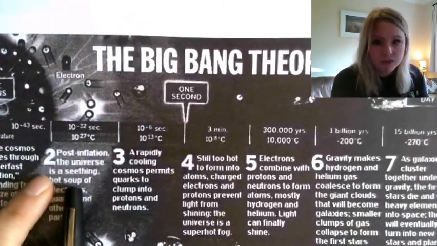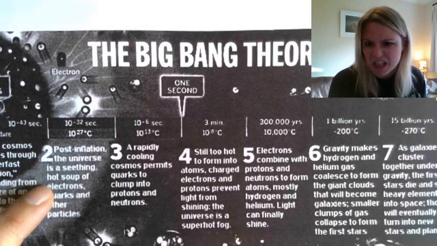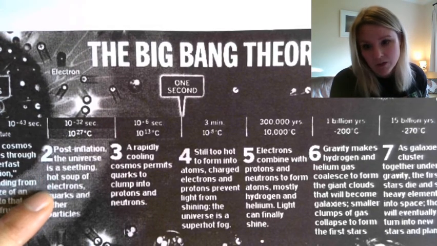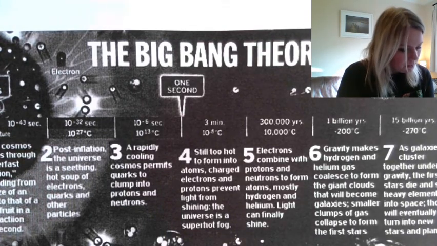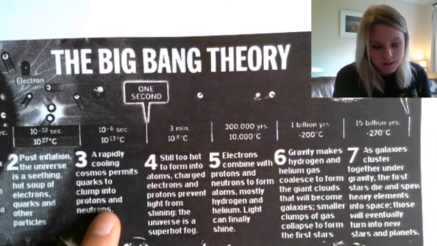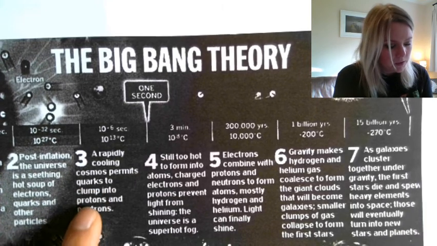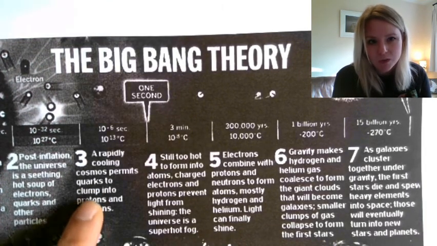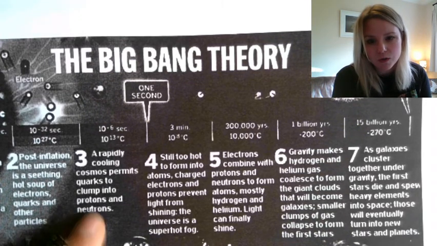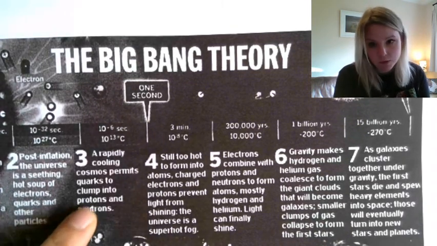So, post-inflation, the universe is a seething hot soup of electrons, quarks and other particles. We're still before 1 second here. A rapidly cooling cosmos permits quarks to clump into protons and neutrons. So you need to know that these are the first two big things to have formed.